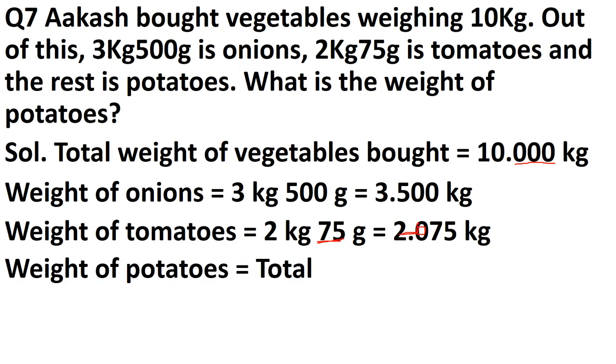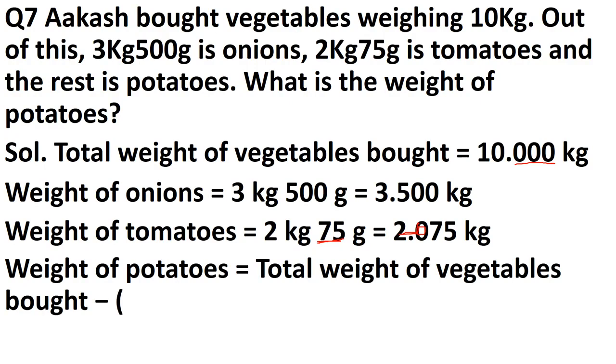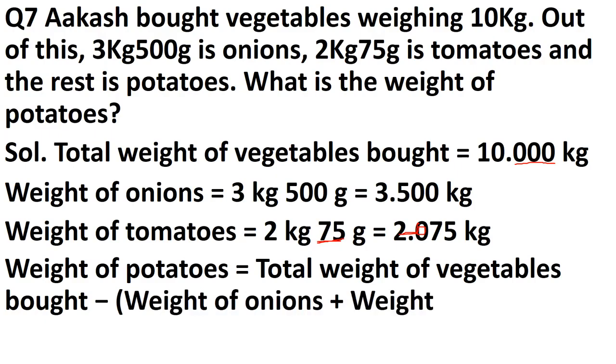So what is the weight of potatoes? It is the total weight of vegetables bought minus the weight of onion plus tomatoes. From the total weight we will subtract the weight of onion and tomatoes. Now see, total weight is 10 kilogram. Weight of onion 3.500, weight of tomatoes 2.075, that we will subtract.